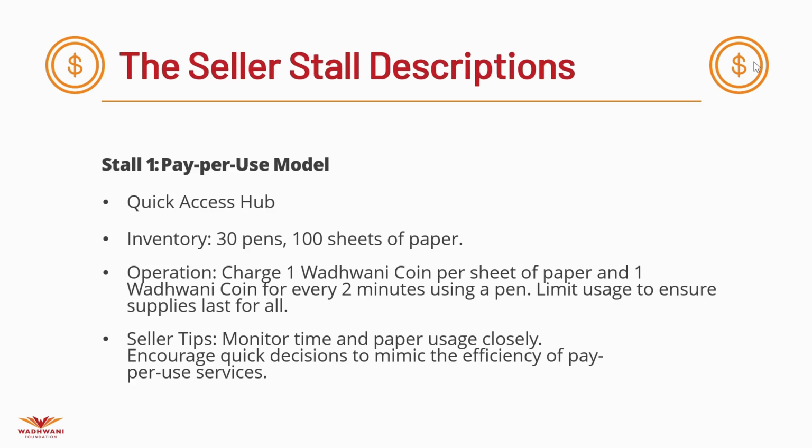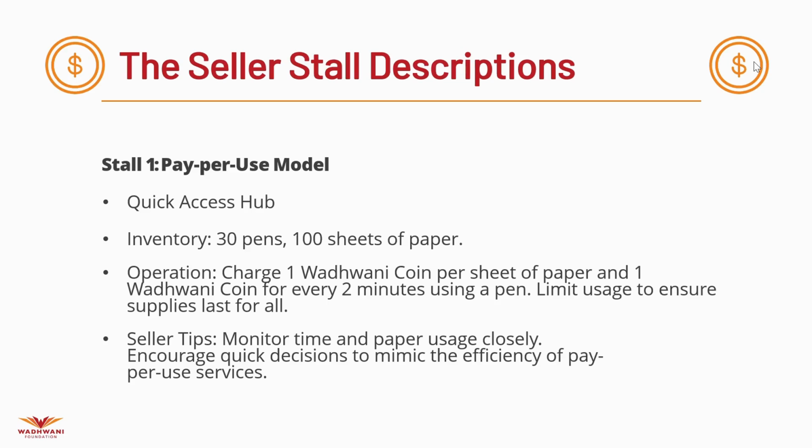Its operation is to charge 1 Wadwani coin per sheet of paper and 1 Wadwani coin for every 2 minutes using a pen. Limit usage to ensure supplies last for all. The seller tips are to monitor time and paper usage closely. Encourage quick decisions to mimic the efficiency of pay-per-use services.